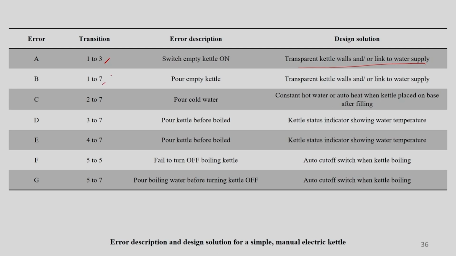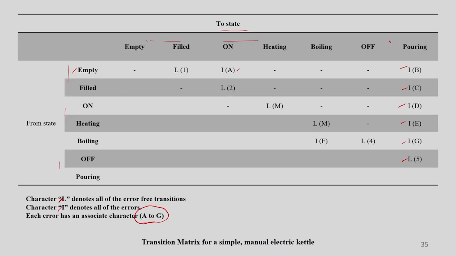If 1 to 7, so pour the empty kettle. What will happen again, if it is a transparent valve, you can avoid this, or link to the water supply, directly linking to the water supply. Now, 2 to 7, so pour the cold water, you have not switched it on. So, you have filled water in the kettle, however, you missed this and this, and you are directly going for the pouring.